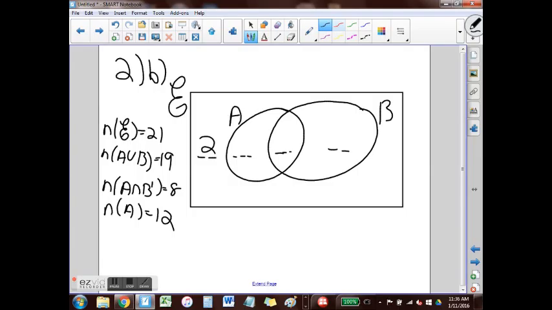Because the complement is everything in the universal set that is not in B. So if you take everything on the outside of this and intersect it with A, this part would be what's common between the two of them. So A intersect B complement is this.